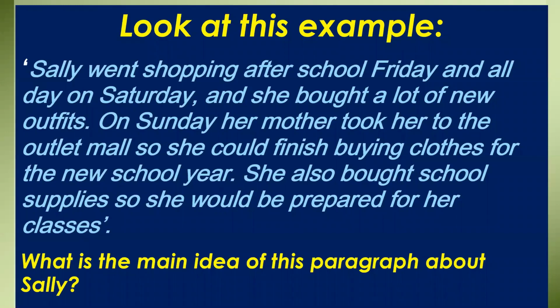Details are something different. When you give the main idea, it should be like, for example, here, Sally went shopping, or Sally's shopping plan, or Sally went shopping on Friday, Saturday, something like that. It shouldn't be very long, okay? It should be very brief, okay?